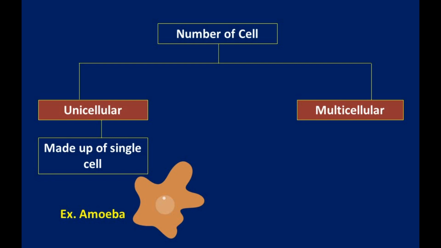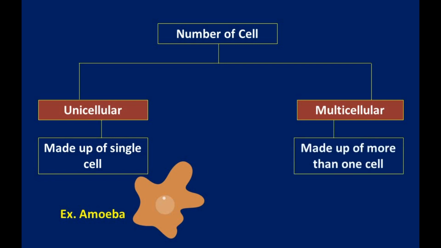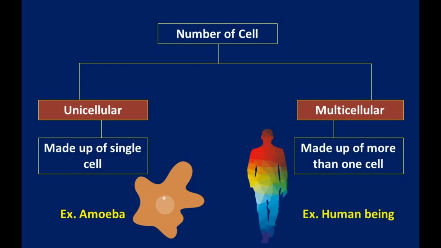Multicellular organism means it is made up of more than one cell. Examples are human beings, higher animals, higher plants. So on the basis of number of cells, organisms are categorized into two groups, unicellular and multicellular organisms.